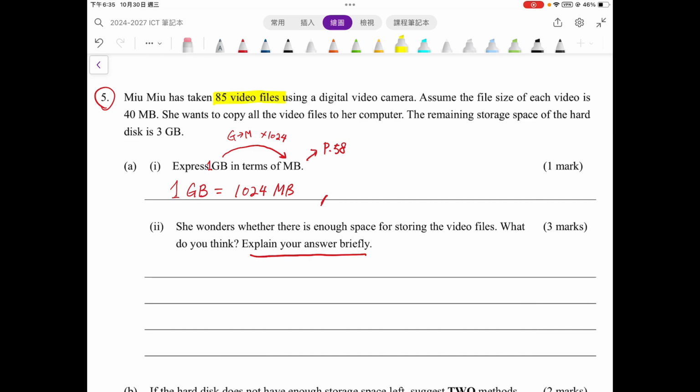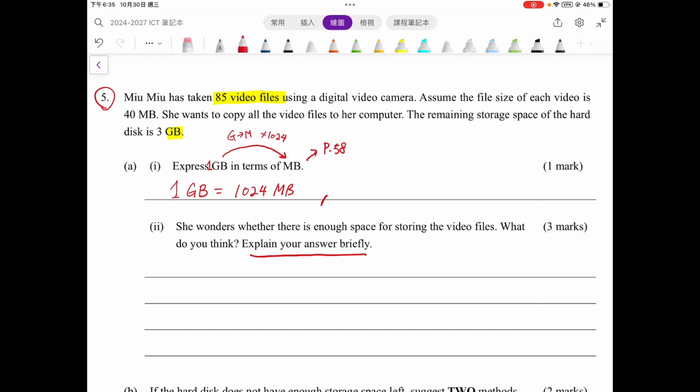You have this many files in your camera, and you need to test whether this hard disk can contain all these videos. So the first thing is to make sure all the units are the same. Here the hard disk unit is gigabytes, so first of all you need to know how many gigabytes the video files are.